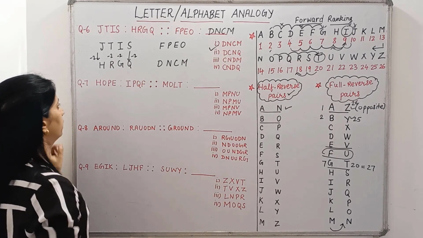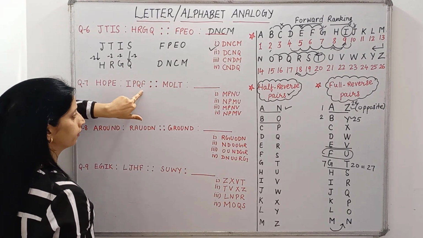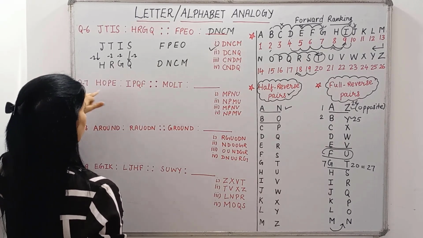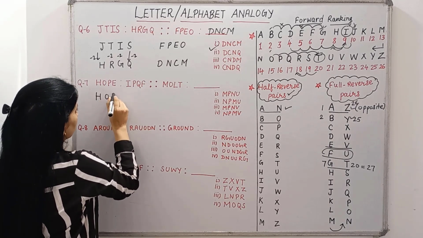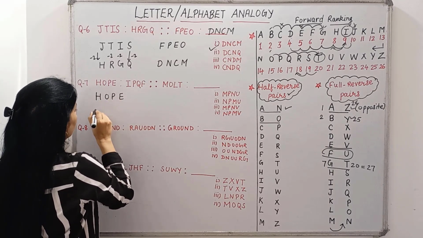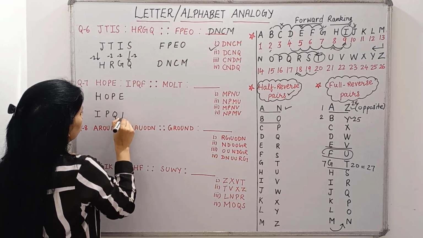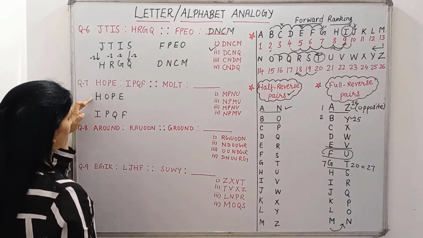Now, our next question is HOPE, IPQF. And in this pair, only one term MOLT. So, to find out the relationship, again we will write the given pair vertically. HOPE and IPQF. Now we will find out the relation.